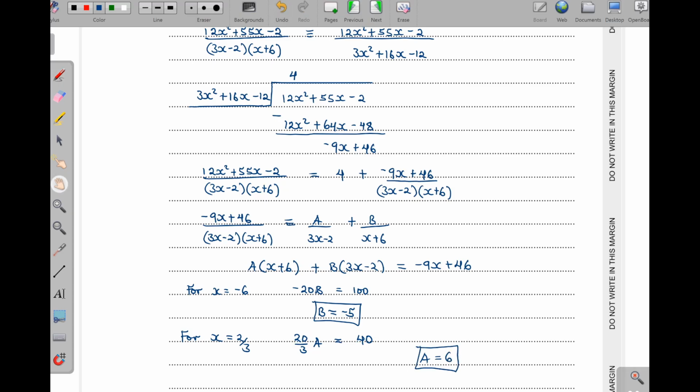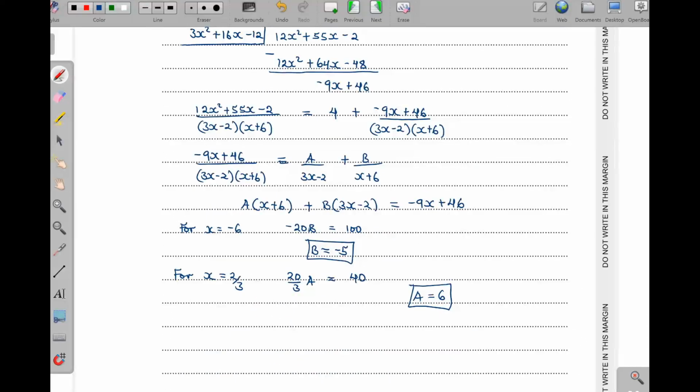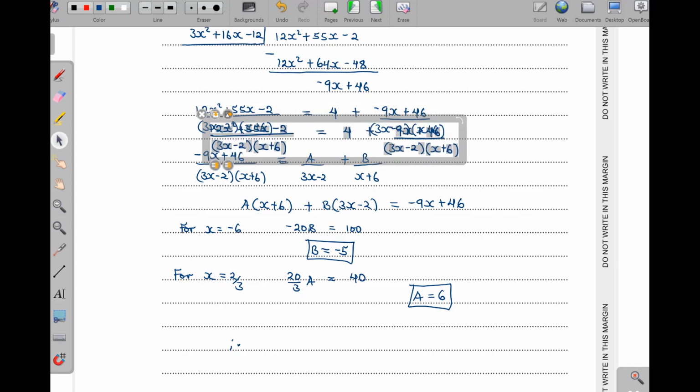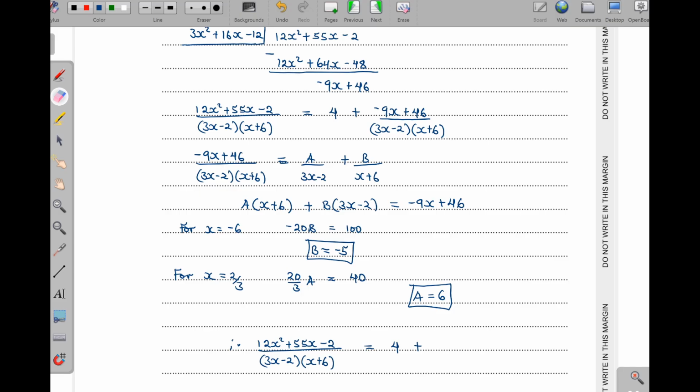So therefore, we conclude and say, is this a function in x? No, they didn't say it's f of x. So therefore, I'll get this one here, and I duplicate it. I said therefore this one here is equal to 4, then plus, then I take away this one here, and then I bring this part here, just like that.